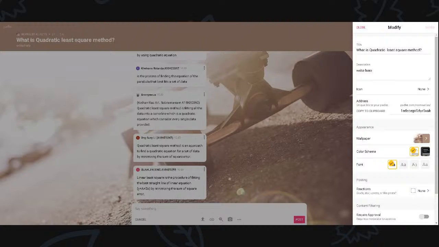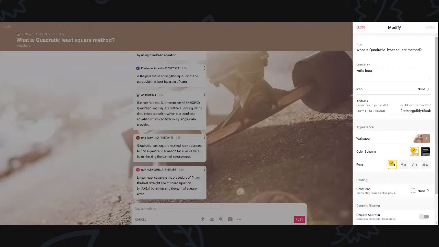Krishna Rao also said that quadratic is fitting all the data into a curved parabolic line which considers every single data provided. And Ong Shui Lee said that quadratic is a process to find the quadratic function for a set of data by minimizing the summation of squared error. Very good.